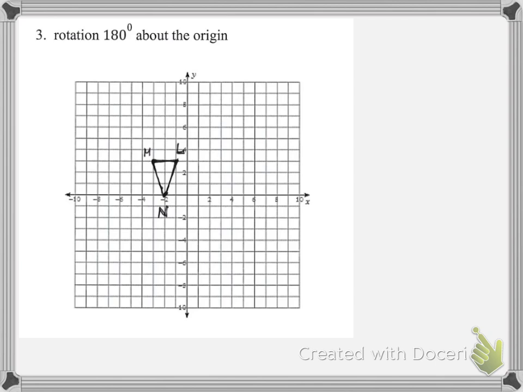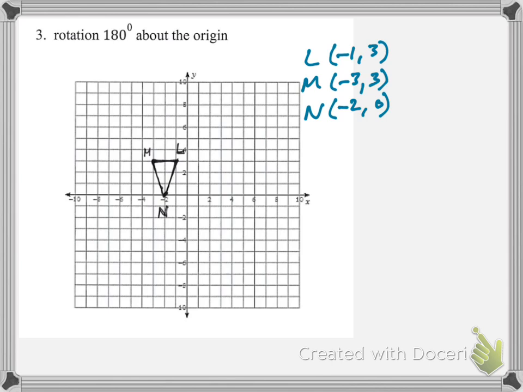Now, the easy one is 180. So I have L, M, N. So L, let's see, L is negative 1, 3. M is negative 3, 3. And N is negative 2, 0.